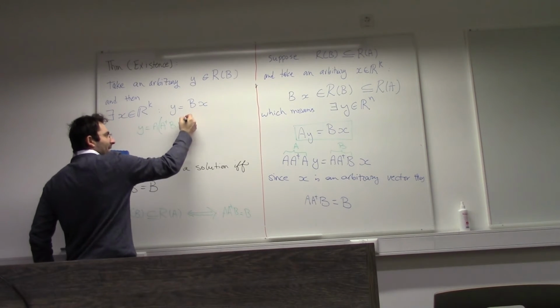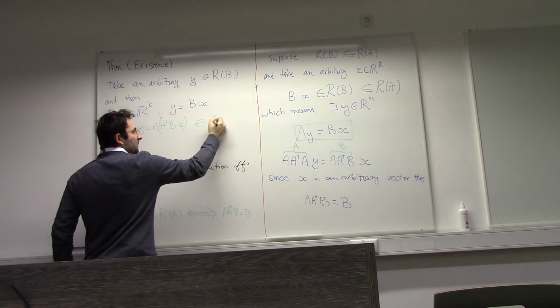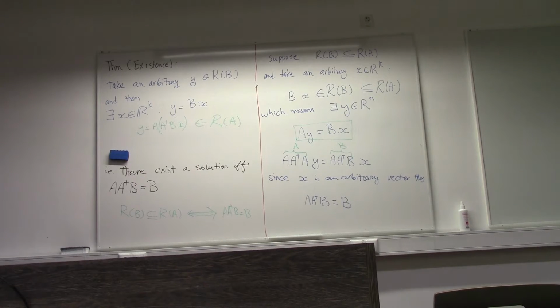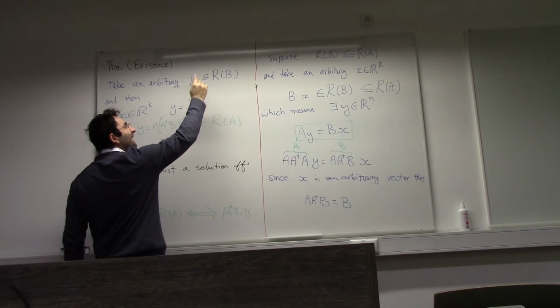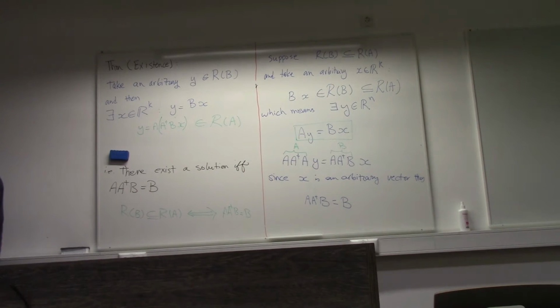Which means that this is that, which means that this belongs to R(A). So this means anything, because it's an arbitrary vector, anything which is a member of R(B) is definitely a member of R(A).